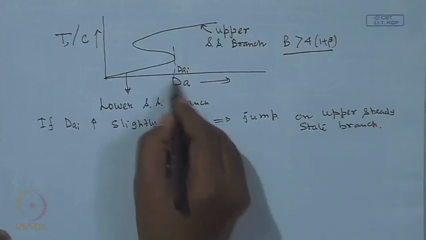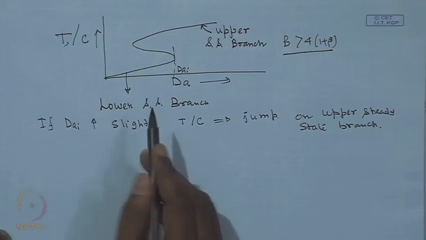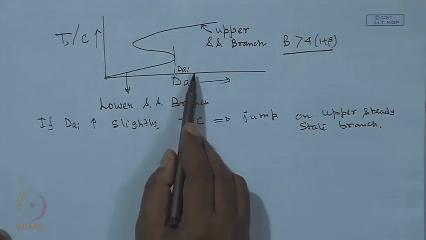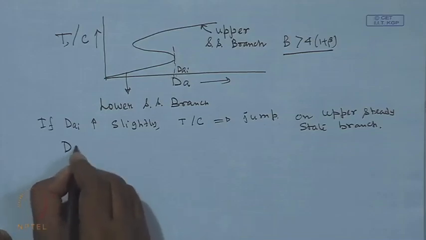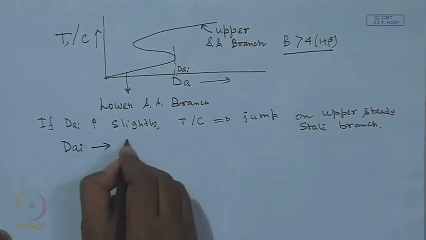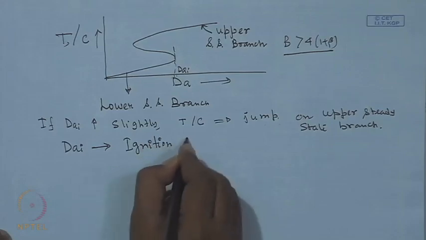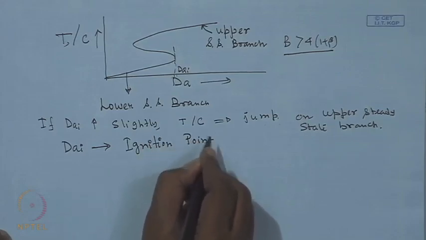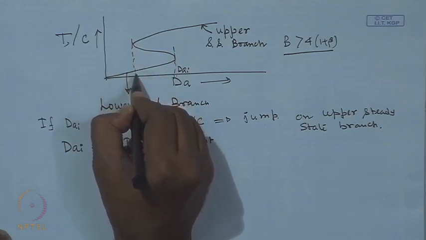Therefore, dAi is called an ignition point. If you slightly increase beyond dAi, it will go to the upper steady state branch. So, dAi is called the ignition point. On the other hand, the other limit is dAe.